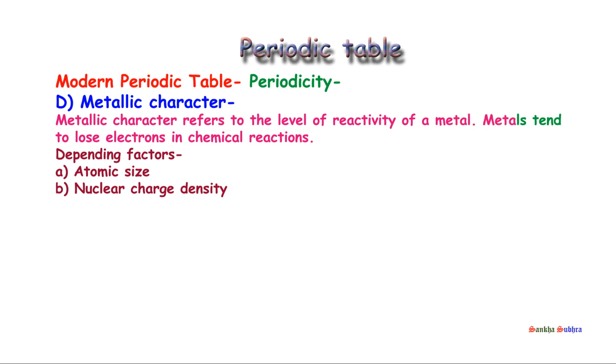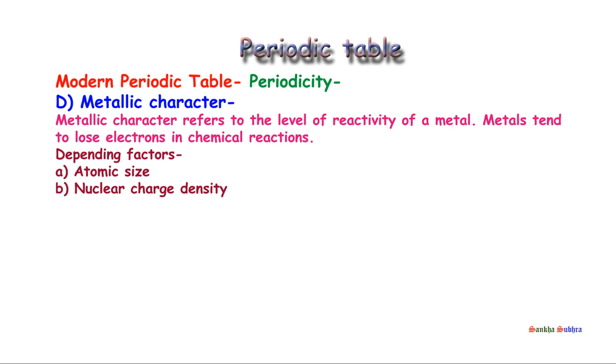Number one, the atomic size is going to be discussed right now. If the size is going to be increased, that means the outermost orbit remains at a huge distance from the nucleus. As a result, less nuclear pull is going to be exerted on it. So the outermost electrons can be removed very easily. So the metallic character will be increased.